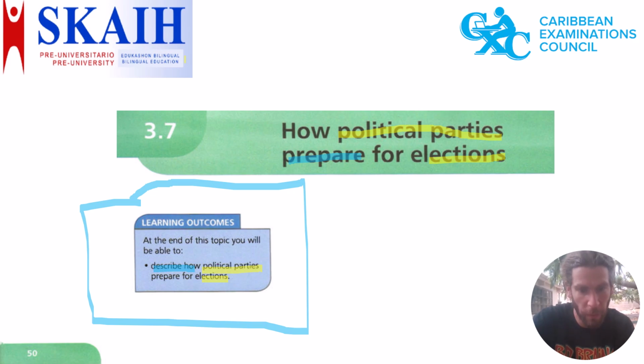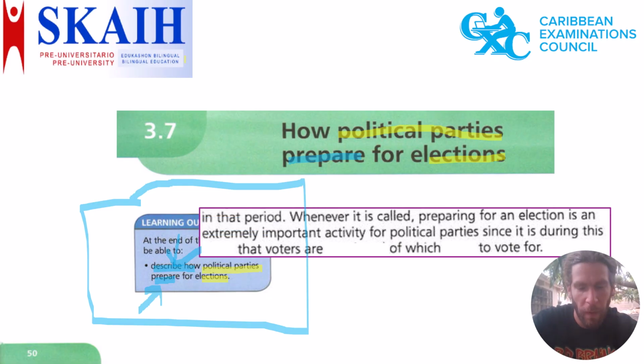For political parties, elections are very important. What do they do to prepare for these elections? You have to be able to describe this in multiple phrases, and go deep into it.